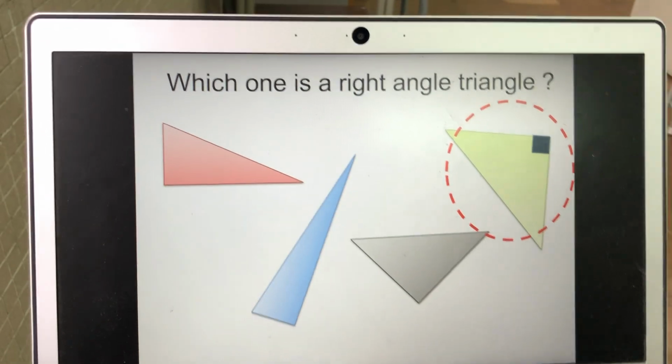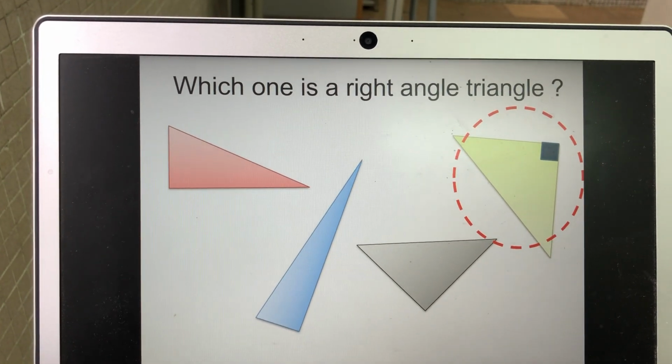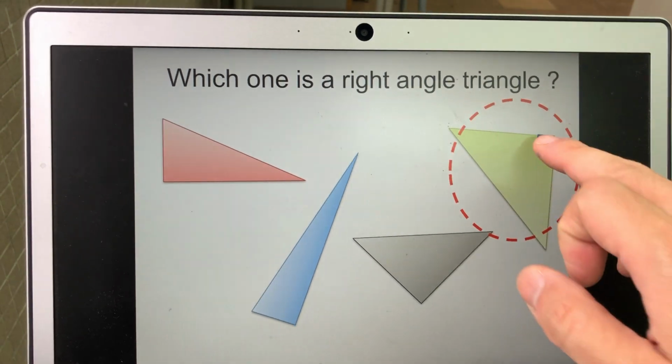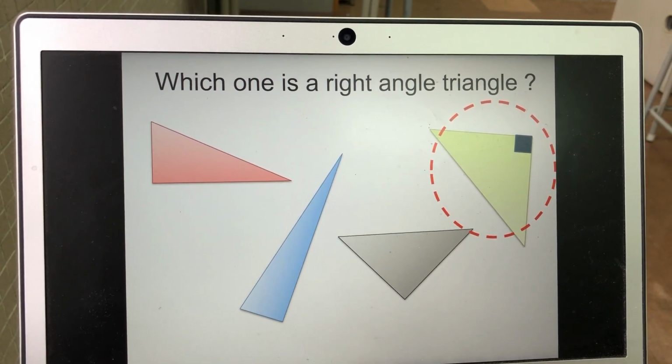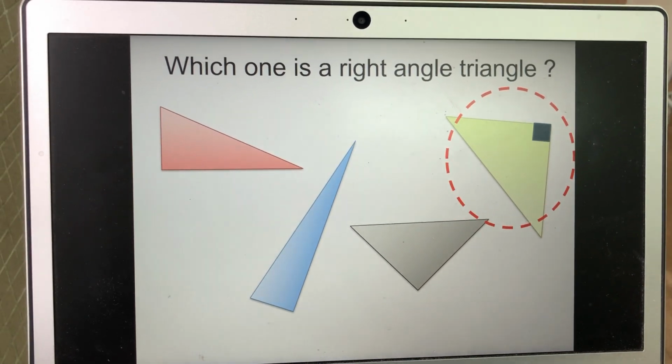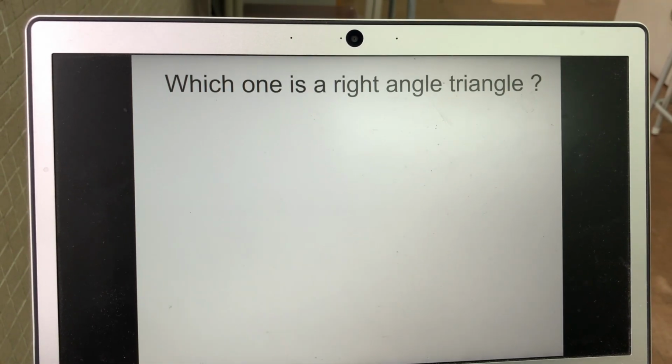And now, today we are going to learn one more way. Instead of having a right angle, there's one more way to determine whether a triangle is a right angle triangle. So look at this case.